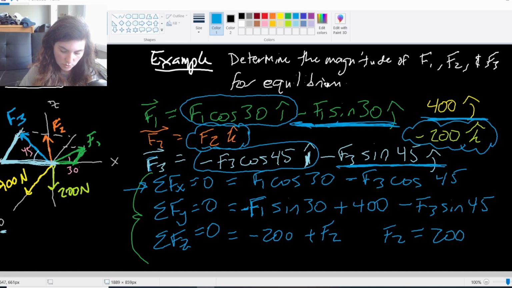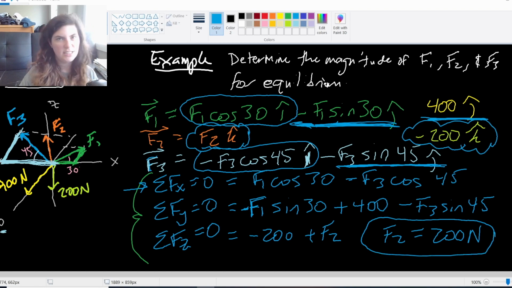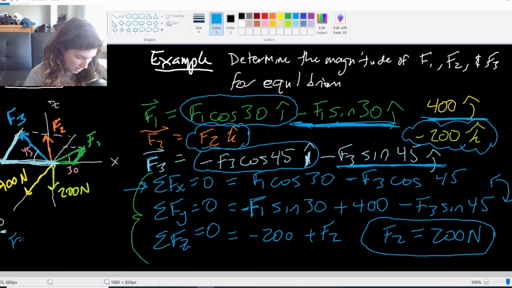F2 equals 200 newtons. Easy enough. These other two will make up a system of equations exactly like we've seen all throughout 2D. It's two unknowns, two equations, and we'll go ahead and set that up. I'm going to write over here so I don't lose it. My F2 is 200 newtons. And then we'll go ahead and solve these two systems of equations.